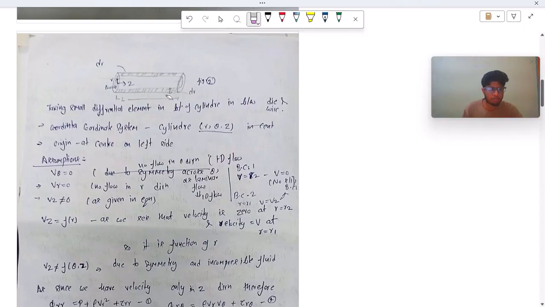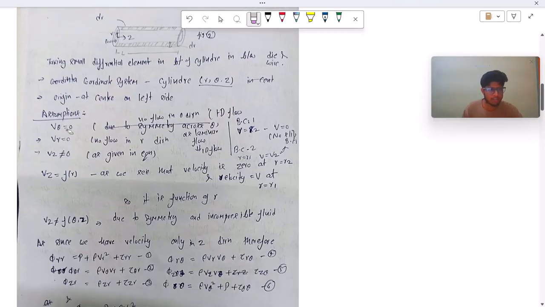So before concluding this, we first need to know in which direction the velocity varies. Coming to that, the first assumption is that we take v theta equal to 0, as we have mentioned that our wire is moving in one direction.